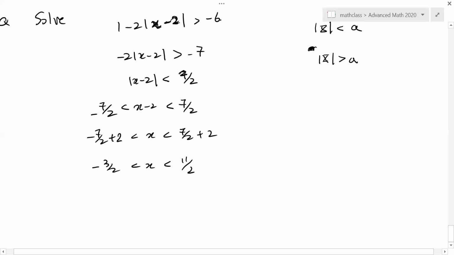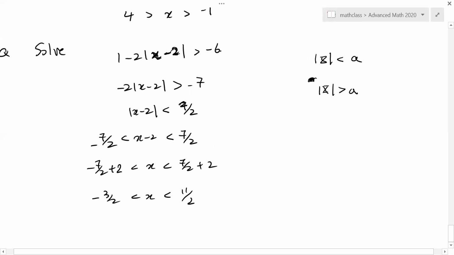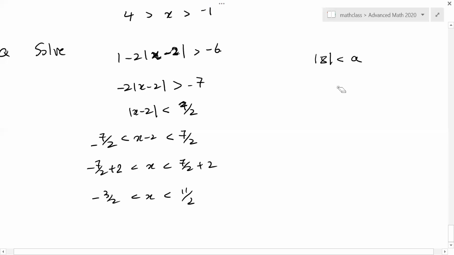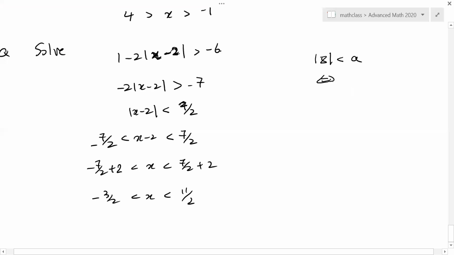So before you remove the absolute value symbol, you have to get to the simple form, just absolute value of x less than 8. Then you can remove the absolute value symbol. This is the place where you can use it. Before that, you cannot simply get rid of the absolute value symbol. Clear?